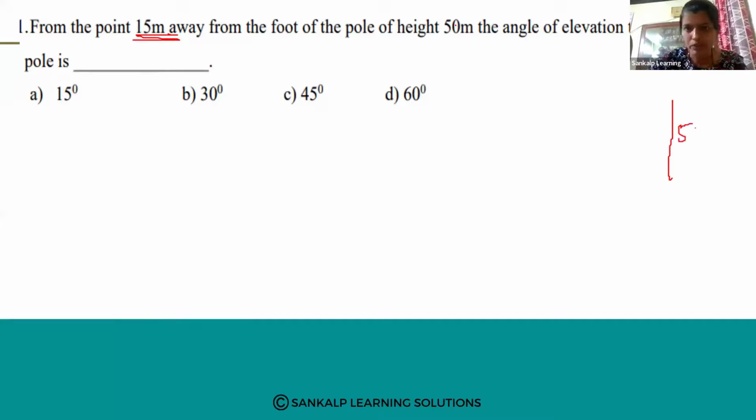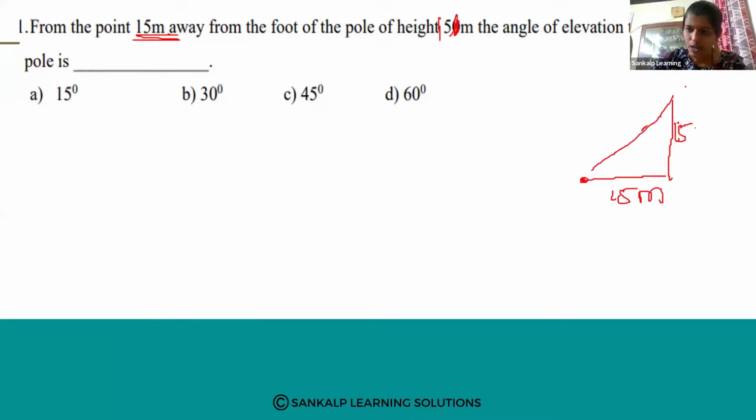It is not 50, it is 15 actually. If you take 50, you won't get the answer, here it is 15. So this is 15, and consider a point 15 meter away from the pole, then the angle of elevation to the top of the pole.